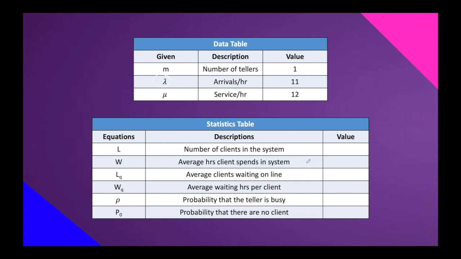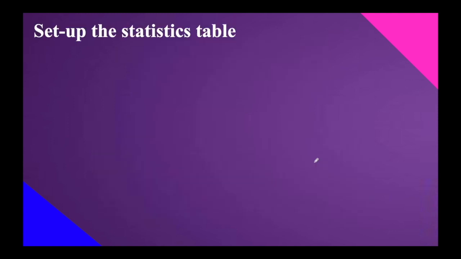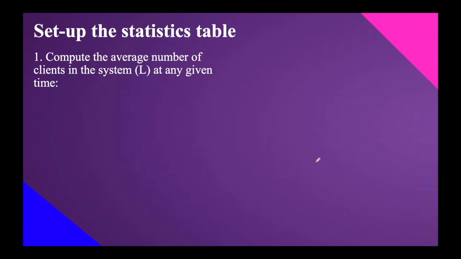Okay, so let's solve now our statistics table. Let's complete this table. For the first part, let's compute the average number of clients in the system at any given time. Our formula is L equals lambda over the difference of mu and lambda.